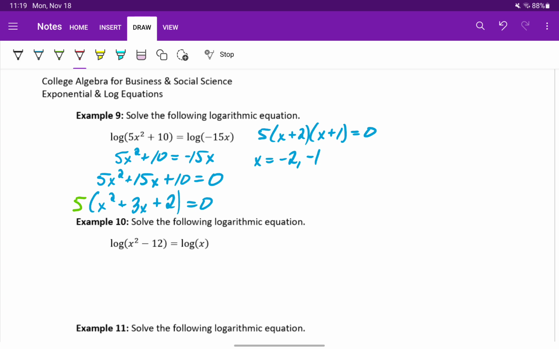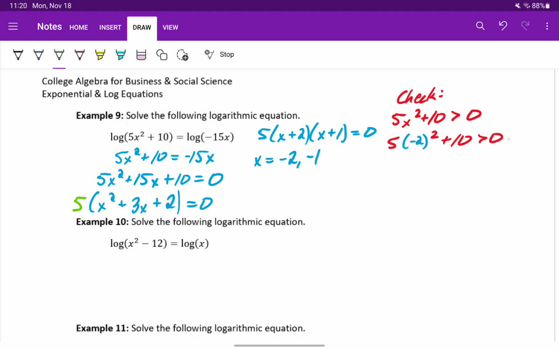Again, those are just proposed solutions. We need to check those to make sure they don't violate the domain of either of our two log expressions. We need 5x squared plus 10 to be greater than 0. First, we'll check that with a solution of x equals negative 2. That will end up being positive since we're squaring the negative value and adding 10.